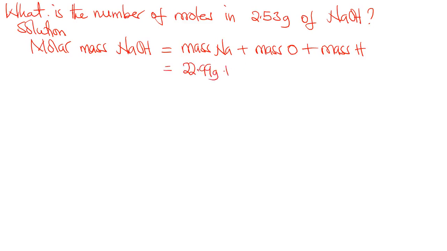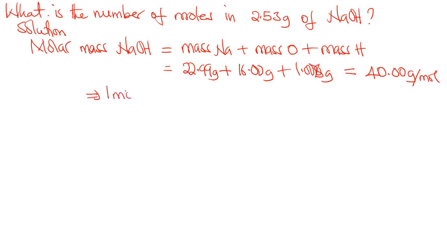So these masses, you get them from the periodic table. 16.00 grams, 1.008 grams, which is 40.00 gram. This is 40.00 gram per mole. So this one also tells us that 1 mole is 40.00 gram.